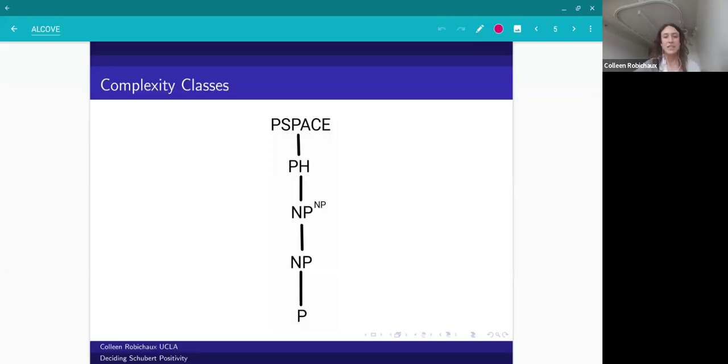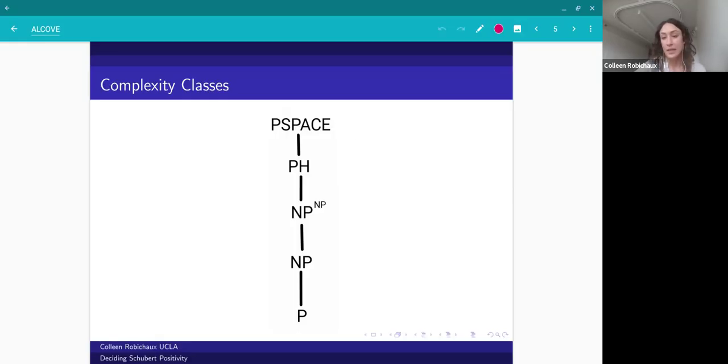Okay, and so all of these things are to do with time complexity. You could also look at space complexity. So maybe you don't care how much time it takes you, but you're restricted to only polynomial amount of space, and that's P space, and that's living all the way up here. So this is our general starting framework for how we could try to think about where should the Schubert vanishing problem be living here.